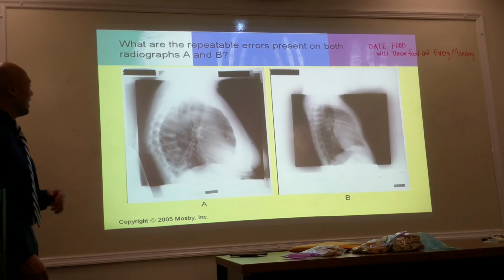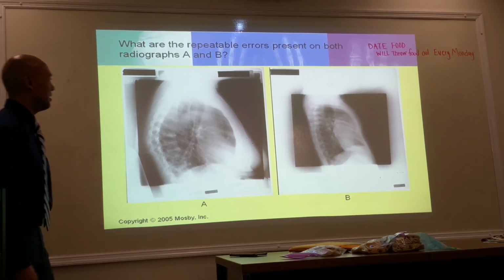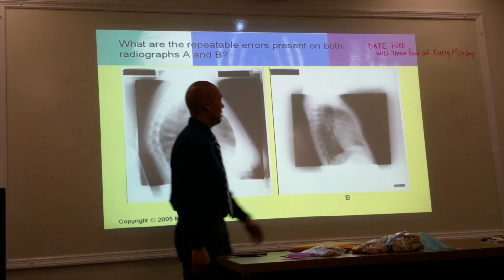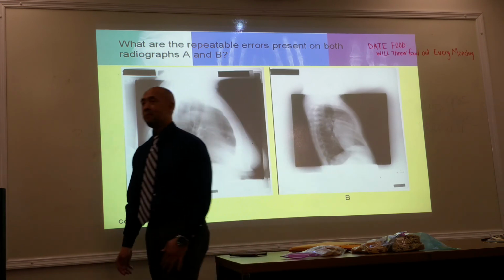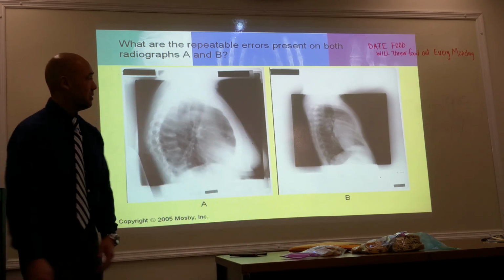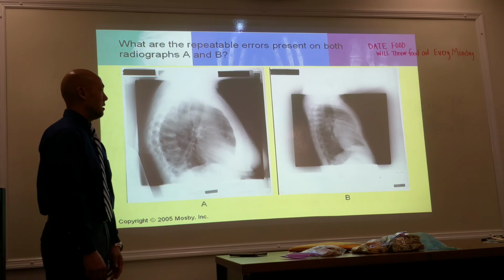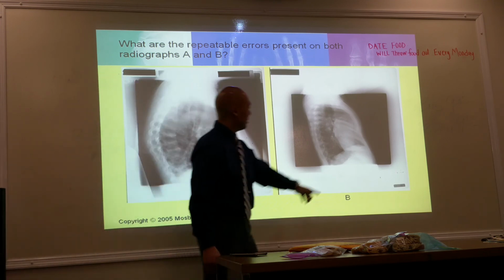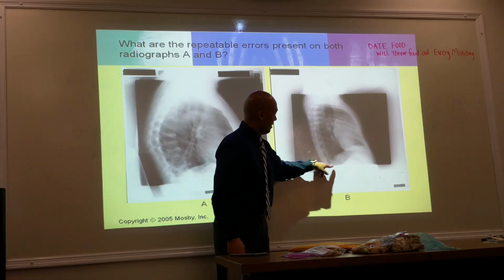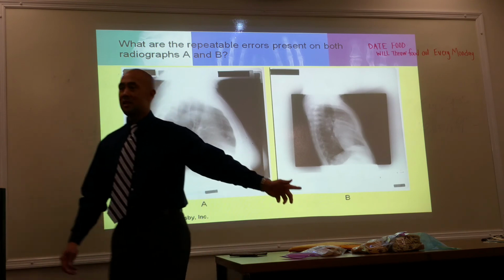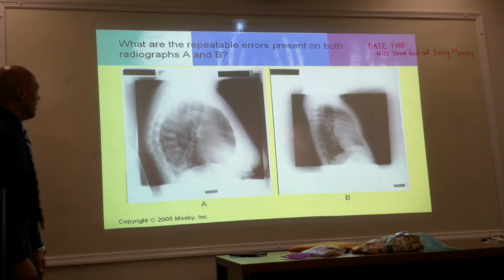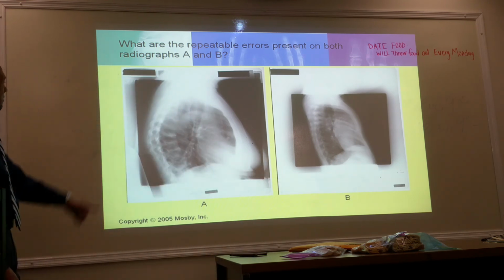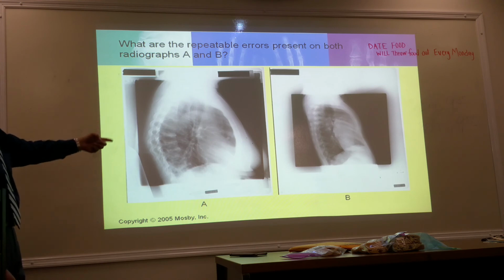All right. Eventually. What's wrong here, guys? Let's look at this one. Collimation. What else? Look what's happening here. We're completely cutting off the angle on that one. Over rotation.